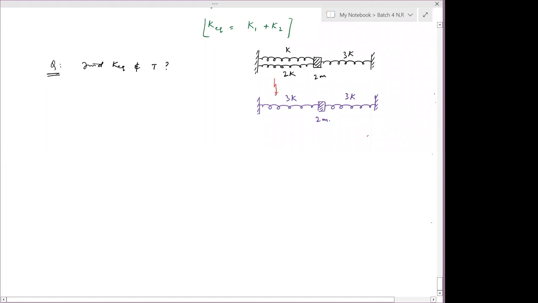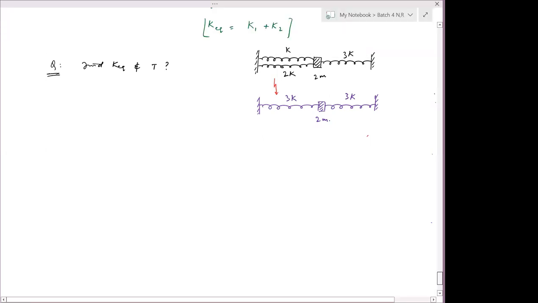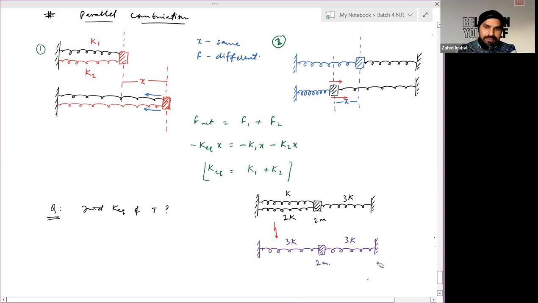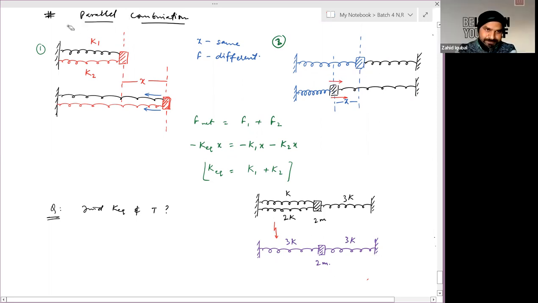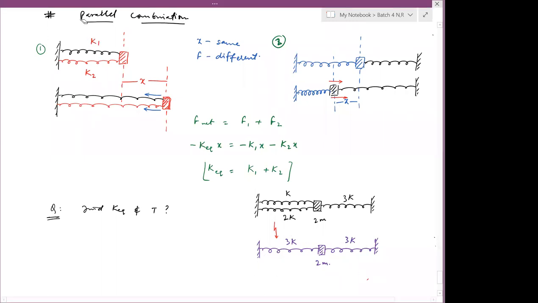Series. This and this are the same or different? Same. So this combination is series or parallel? Parallel. Good.